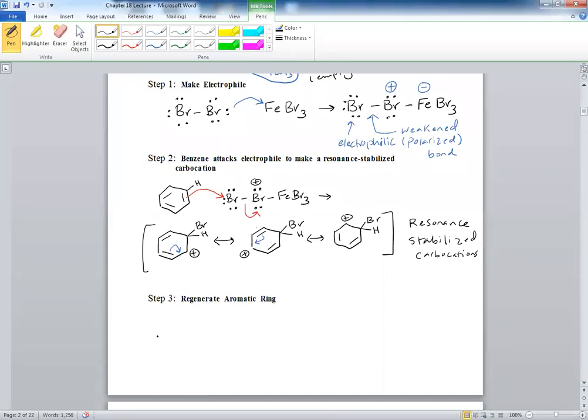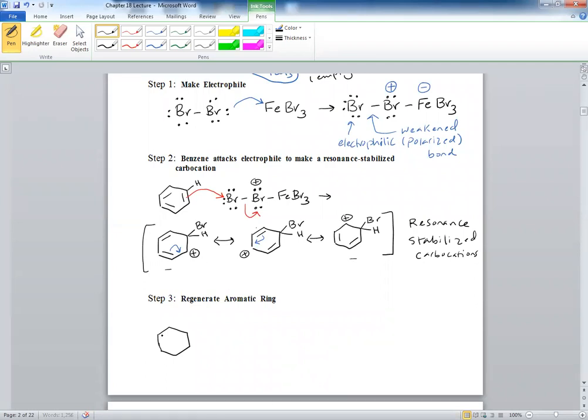I'm going to go with what your book has, although it can vary, but we'll just be consistent. So you're going to choose one of these resonance structures, either the first one or the last one. The one in the middle, that H is a bit far from where the positive is. So you can either choose the first one or the last one. I'll just choose the first one.